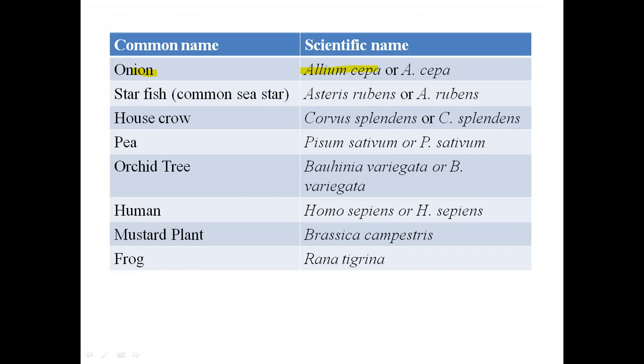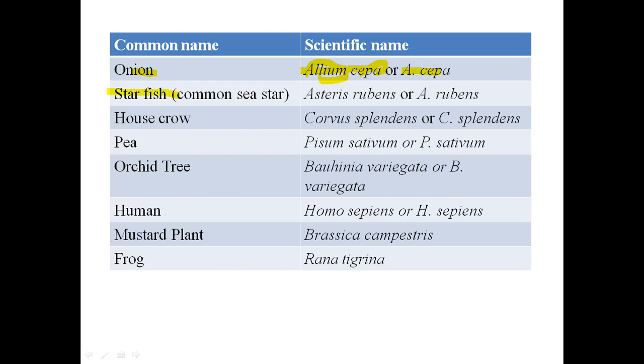These names may be asked in multiple choice questions, and sometimes in short questions also. Allium cepa is used for onion, and A. cepa can also be used, but please remember that in the exam, when they ask for the scientific name for onion, you have to write the full name Allium cepa.